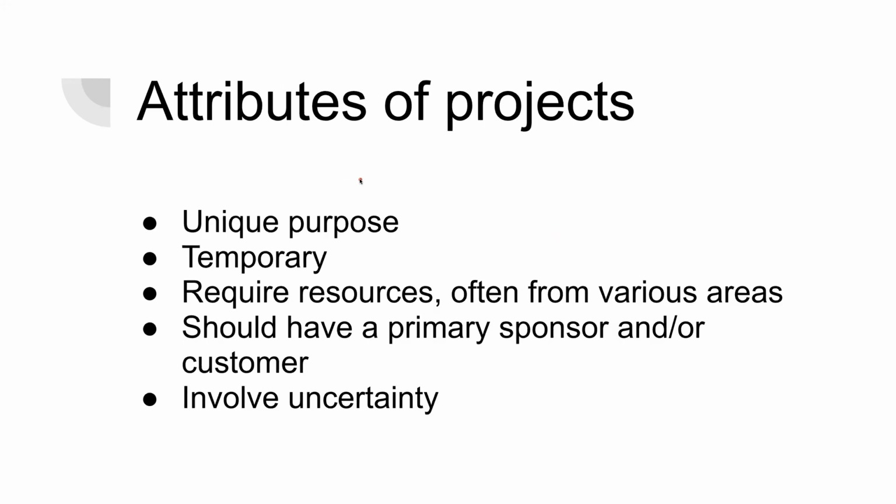Let's see these primary attributes of a project. If you take a project, in a software project especially, these attributes can be seen. These are key components, key things that you will see in a project. The first thing is a unique purpose.